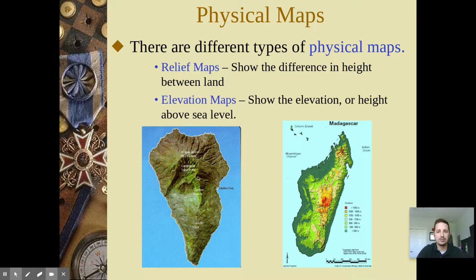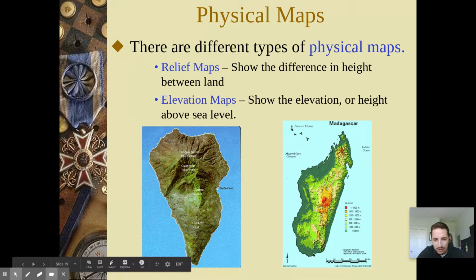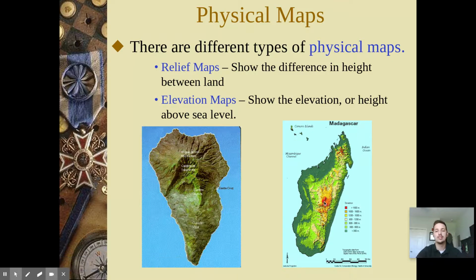Here's the tallest part right here. And then this is an elevation map right here. So you've got red is greater than, looks like, 1,900 meters above sea level. So obviously this is sea level. The green is less than 300. As you can see, as you move inland, you get higher and higher until you get to this point right here. That's the highest point on the island above sea level.